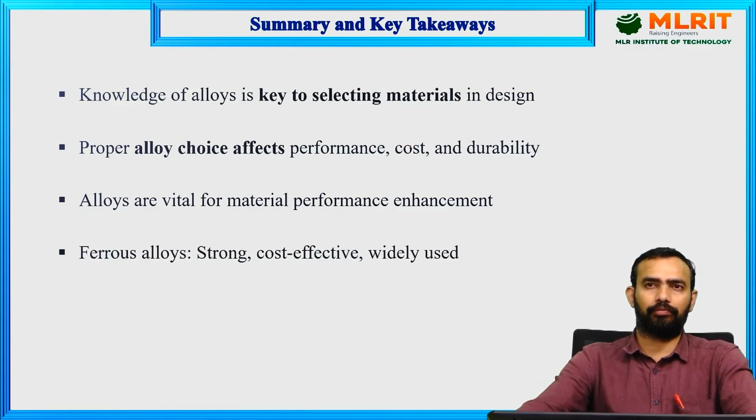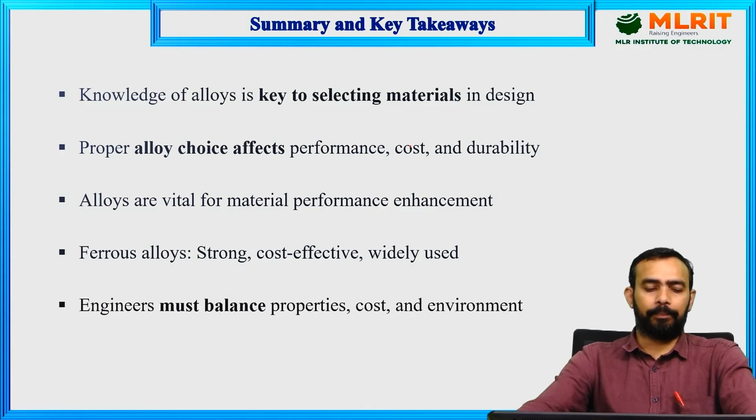If you look at ferrous alloys, they are strong, cost effective, and widely used because of the abundant presence of the base metal in the earth's crust. We have seen about it. Then as engineers, we try to balance the properties, the overall cost, the production cost, and the environment.